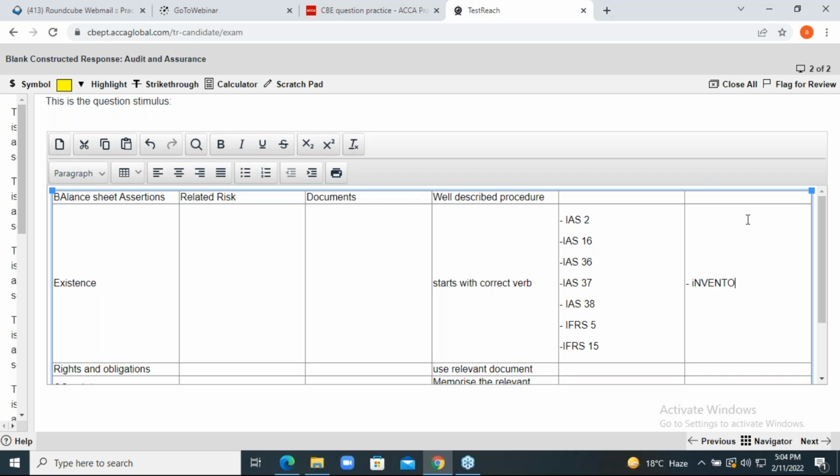Inventory is very important. Many times the examiner has examined inventory procedures. Then additions to assets are important. Then depreciation is very important.